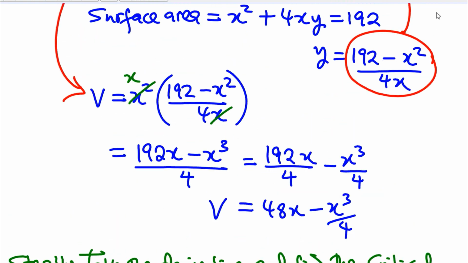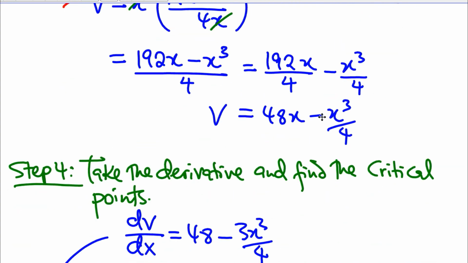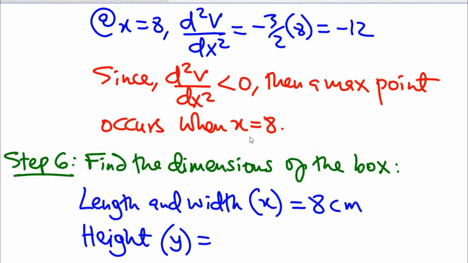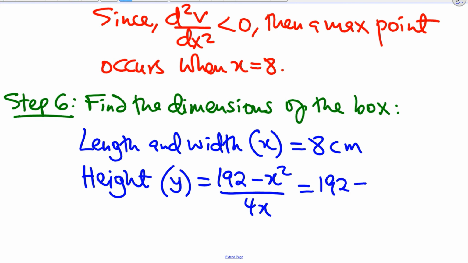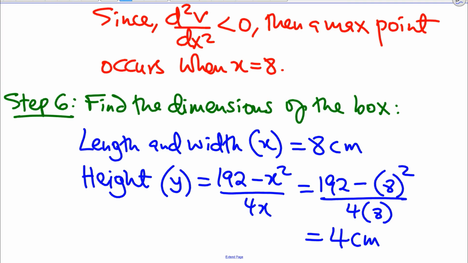So you're just going to plug in 8 to find what the value of y will be. So here, the value of y will be 192 minus 8 squared over 4 multiplied by 8, which is 4 centimeters.